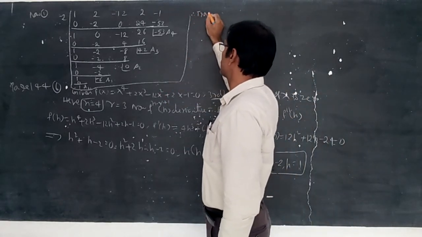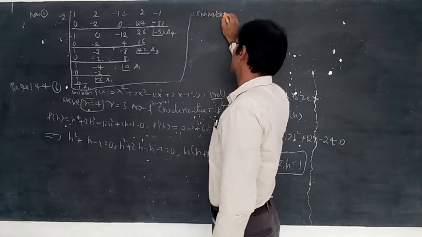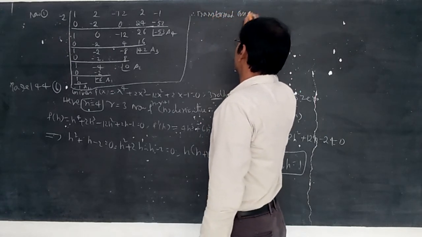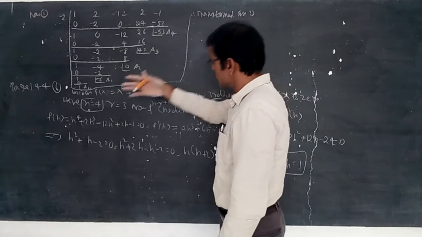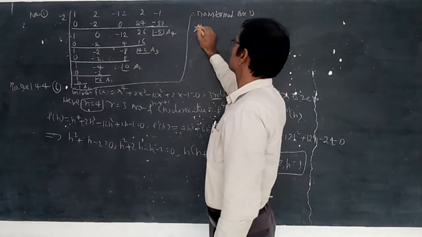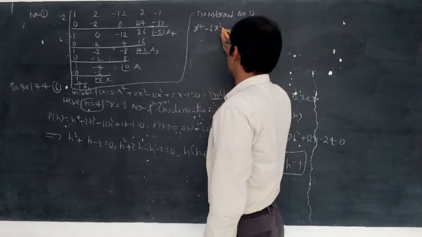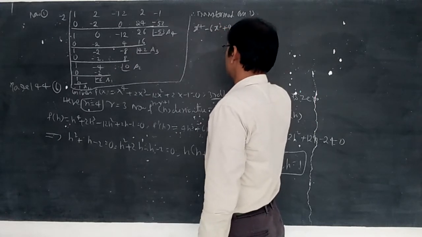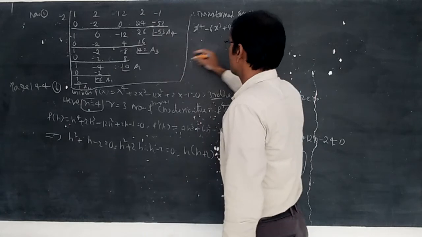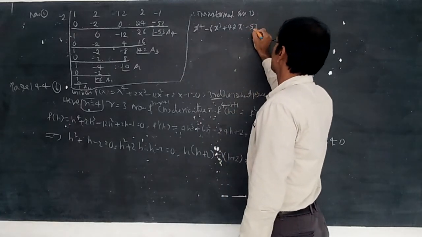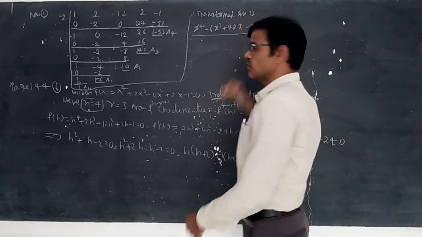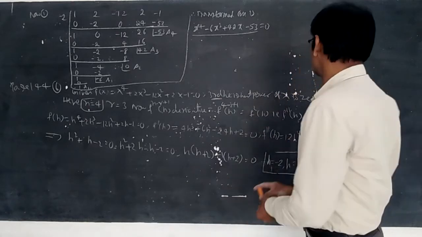Therefore, the transformed equation is, from down you should write, x power 4 minus 6x cube plus 0x square. Don't write here. The term should be listed. Plus 42x minus 53 equal to 0. This is the transformed equation.